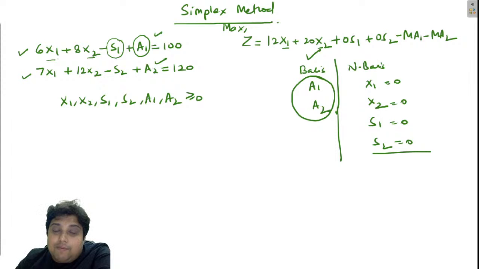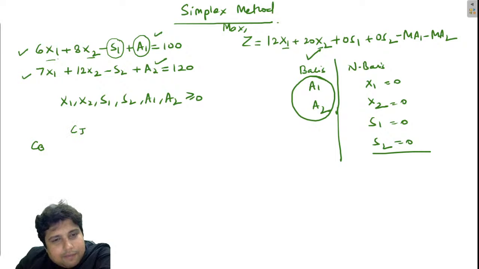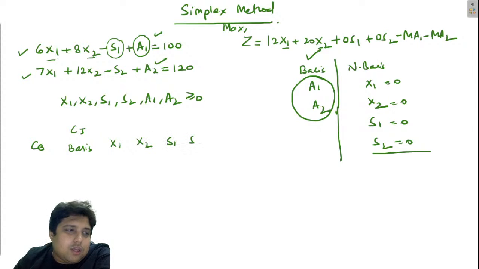Now, let me move on. So CB, CJ, basis, X1, X2, S1, S2, A1, A2, B. In the basis category, I will be writing A1 and A2.